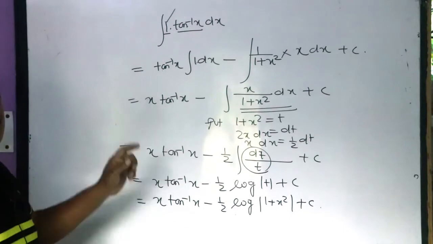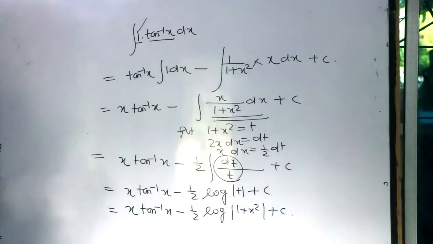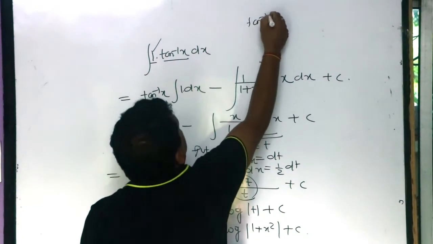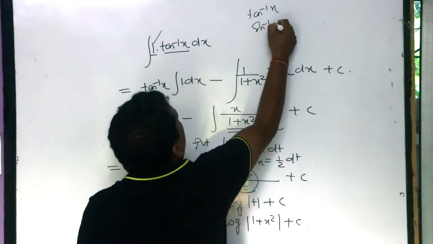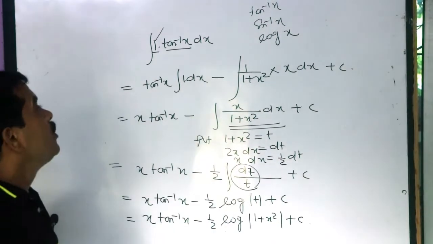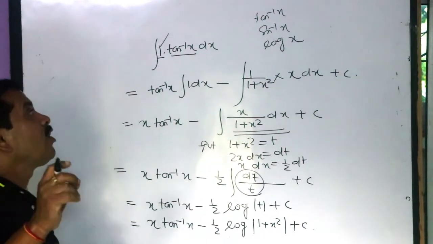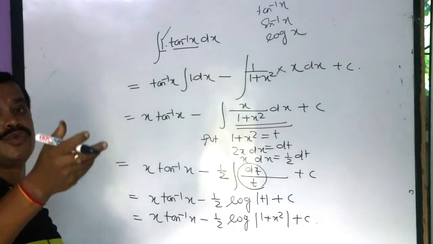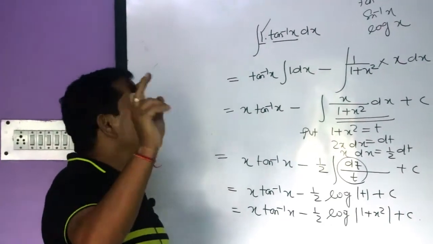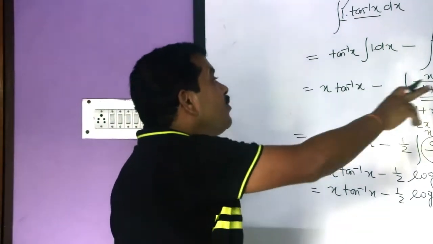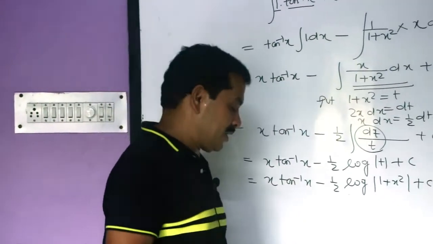So when there is a single function, like tan inverse x, sin inverse x, log x, we cannot integrate directly, so we have to use the method of integration by parts. For a single function we choose another function, that is 1, and 1 will always be the first function. Then we apply integration by parts.